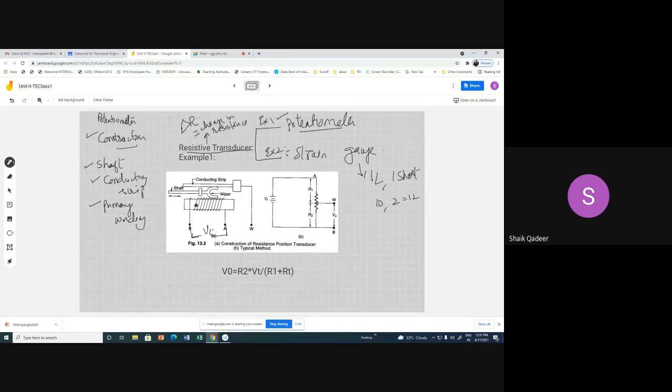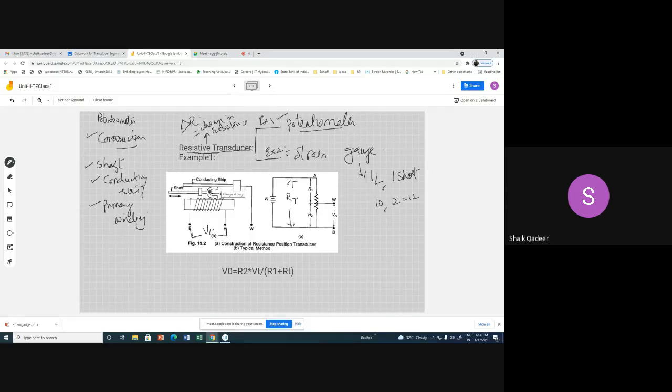In order to understand this circuit, the equivalent circuit diagram can be drawn like this. The primary winding is represented as R1 plus R2 resistance. Suppose this is RT, which is nothing but R1 plus R2. And the conducting strip, this point to this point, is represented as the W to B connection.